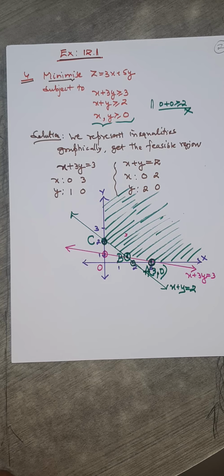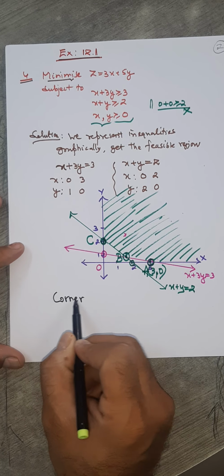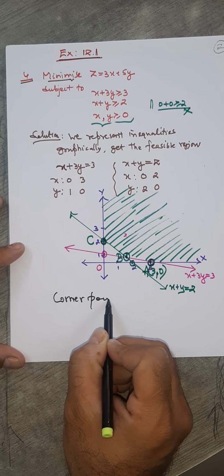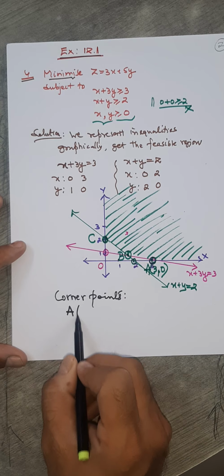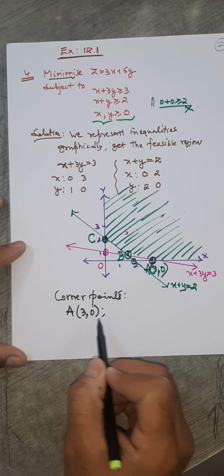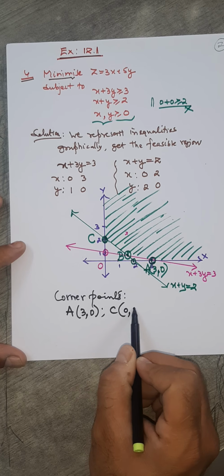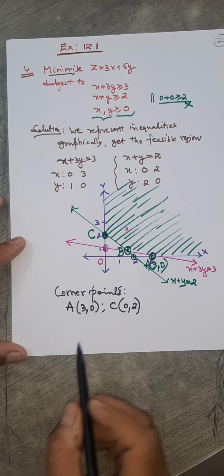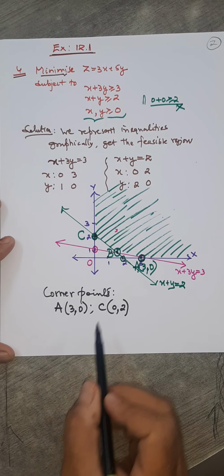So the corner points, if I write them: one is A, which is 3, 0. It's obvious from the graph. B we need to find. What about C, which is 0, 2? Right? 3, 0 and 0, 2. You know this.